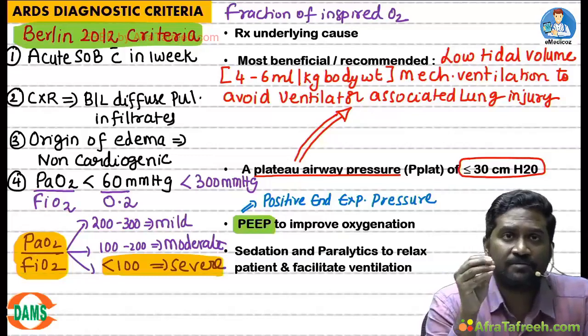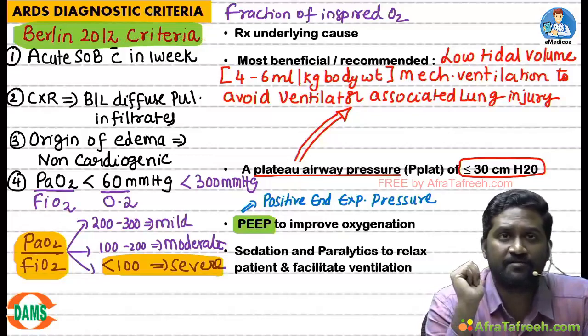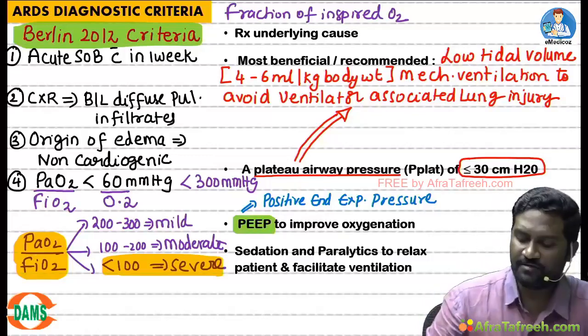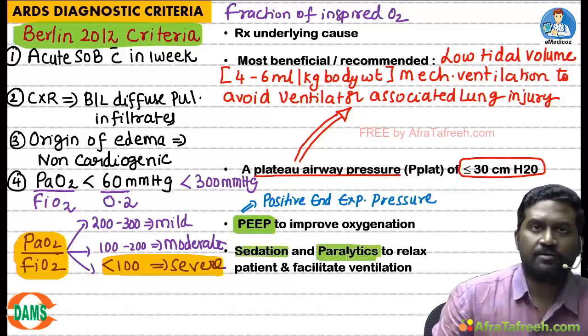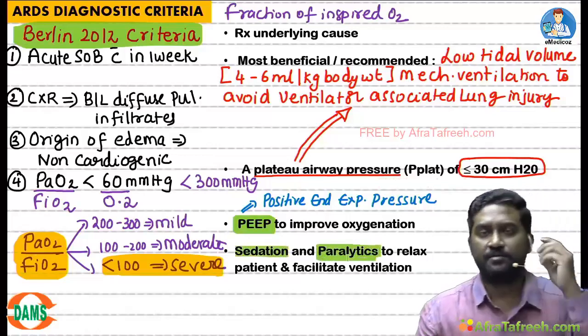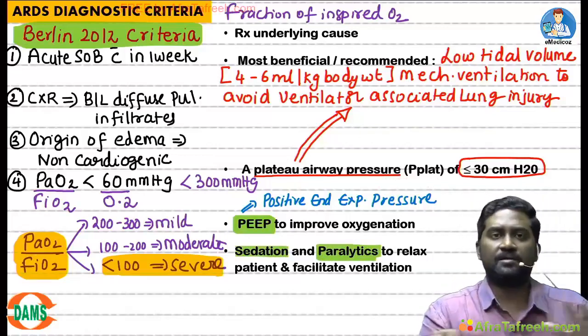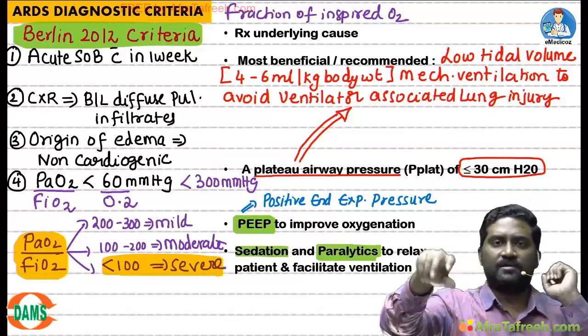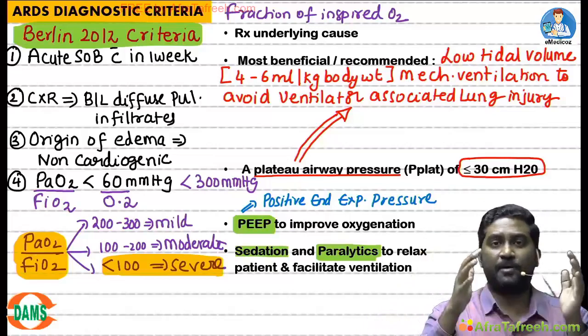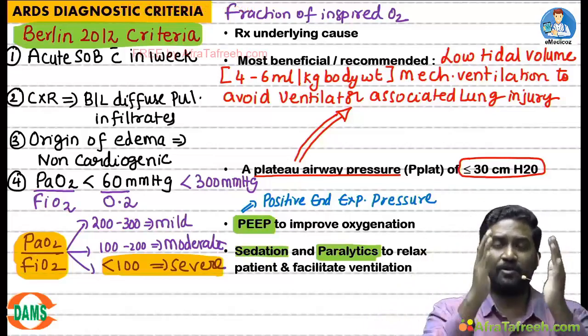And you should sedate and completely knock down the patient, paralyze the patient to relax the patient and facilitate ventilation. Why is sedation and neuromuscular blockade important? Now if you don't properly sedate the patient, if you don't completely knock down the patient, the patient will be moving, he will be trying to remove the tube, and your purpose of ventilation will not be achieved.